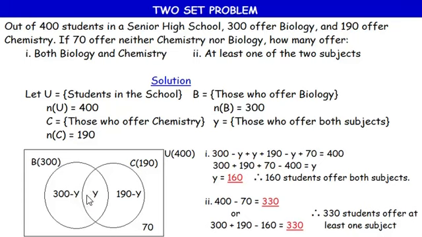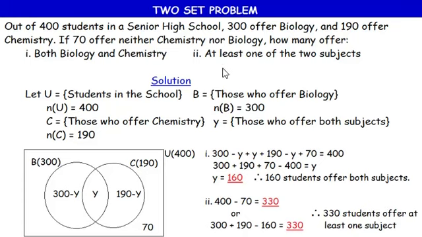So the 160 will cancel the minus 160, leaving us with 300. So in fact, everything here is 300 plus 190 minus 160. Right, 190 minus 160 will give us 30. Right, so we add the 30 to the 300, and we are going to get 330. So 300 plus 190 minus 160, and the value is 330. Alright, so 330 students offer at least one subject.